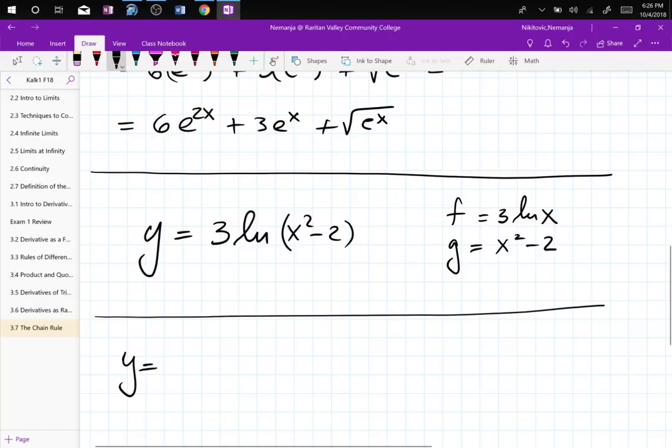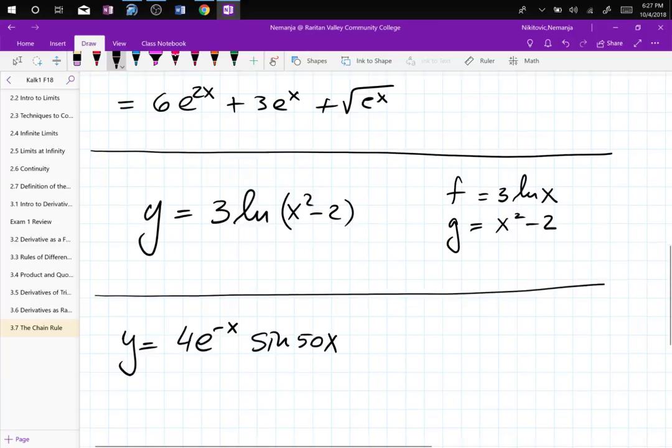y equals, let's just do 4e to the negative x, times, I don't need a parenthesis, times sine of 50x, whatever.